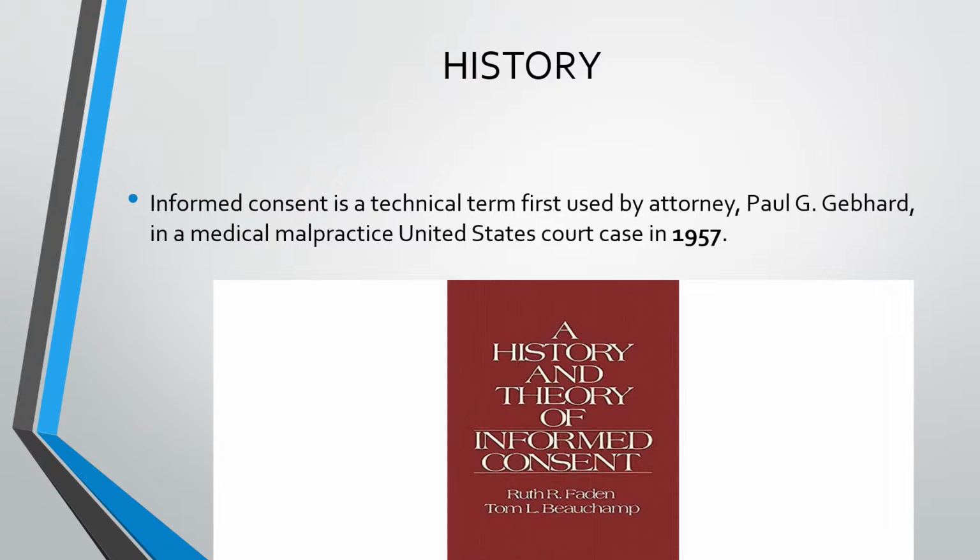Informed consent is a technical term, and it was first used by attorney Paul G. Gebhard in 1957. I thought this was pretty cool. And just a little quick background on the history of the word, and then we'll keep it going and get into the different forms of consent, because this is really important.